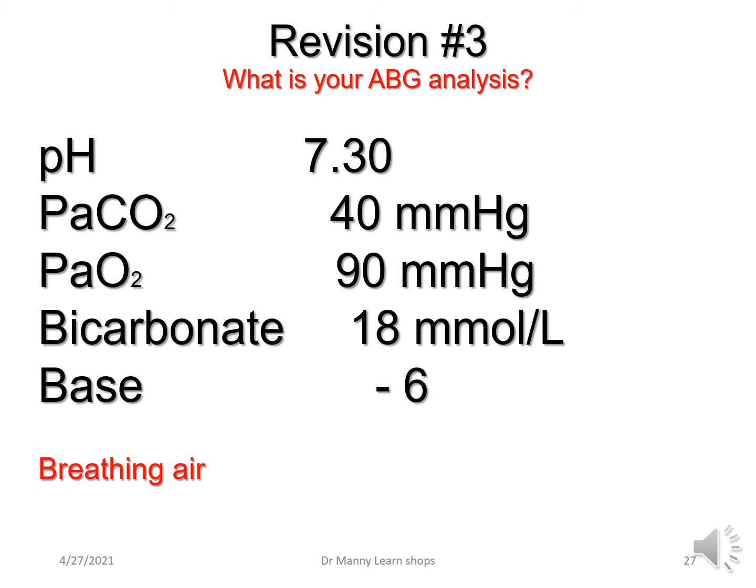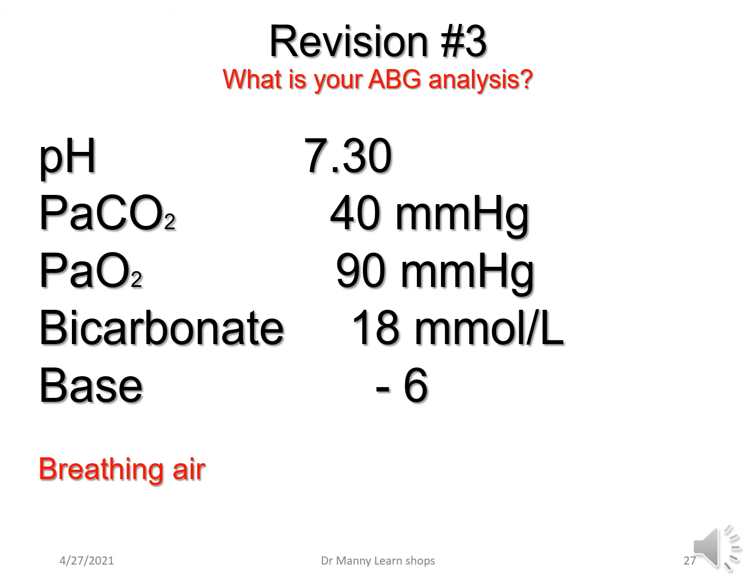Then you've got another one. What do you think? pH 7.3, PaCO₂ 40, PaO₂ 90, bicarb 18, base -6. They're breathing room air, so they're not hypoxic. Their pH is saying acidemia, less than 7.35.